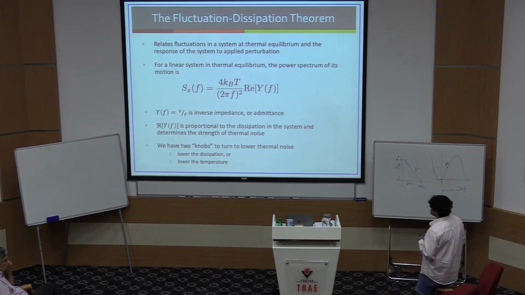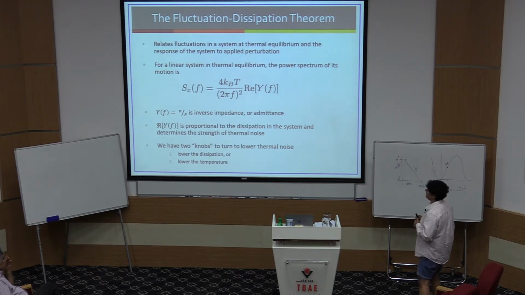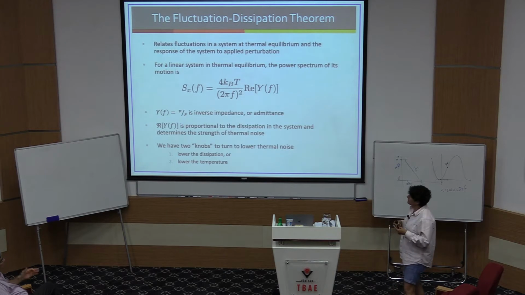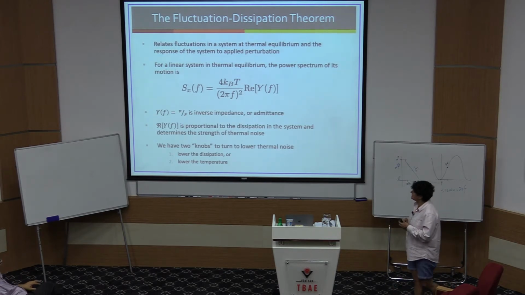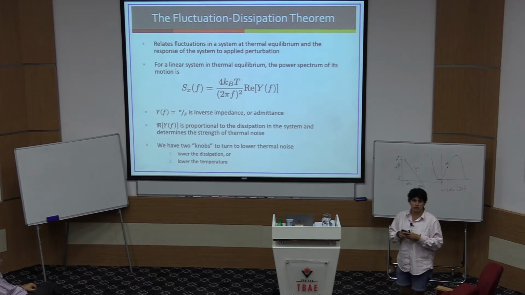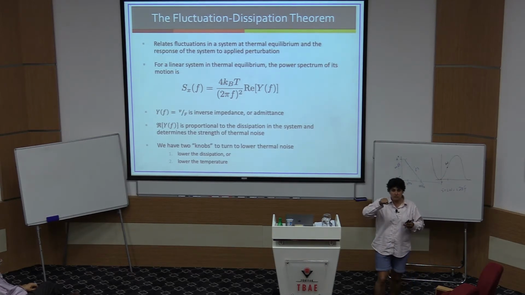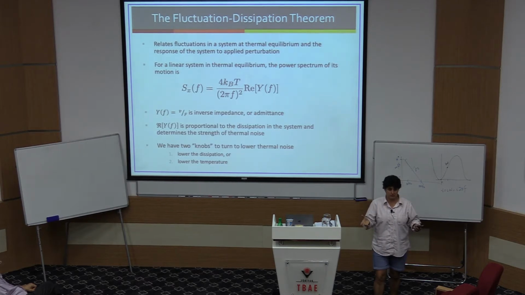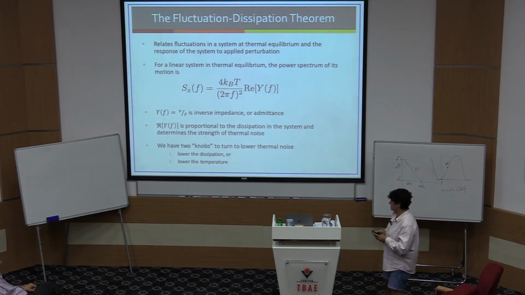Now, the fluctuation-dissipation theorem relates fluctuations in a system at thermal equilibrium to the response of that system to an applied perturbation. So it's a fancy way of saying the following. If I have a fluctuating force applied to a system, the amount by which that fluctuating force will disturb the system depends on its dissipation. That's the statement that's being made.